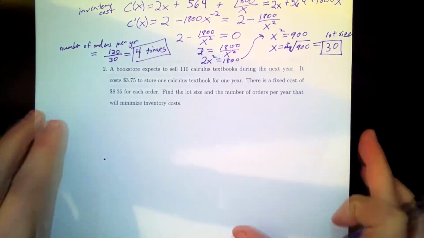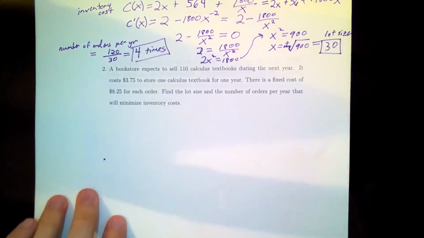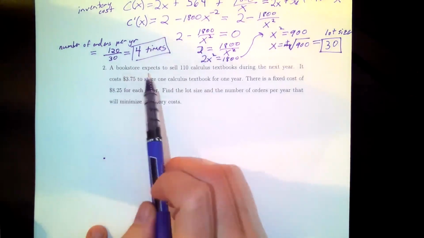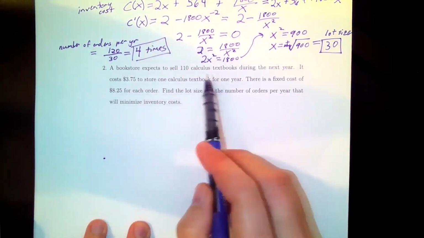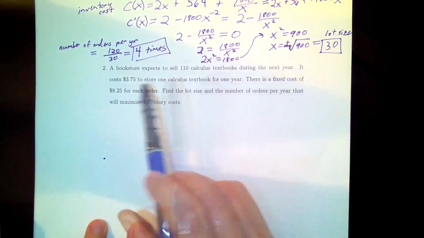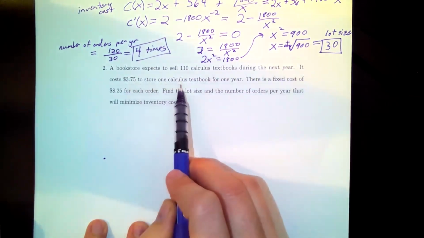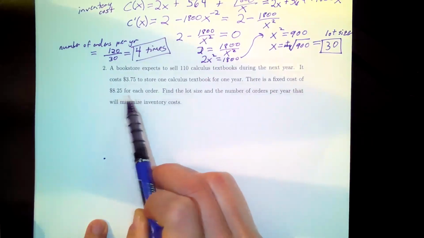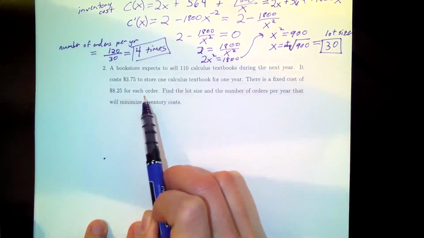All right, let's do another one. Similar premise, slightly different numbers. It says a bookstore expects to sell 110 textbooks during the next year. It costs $3.75 to store one textbook for 1 year. There's a fixed cost of $8.25 each time we make an order.